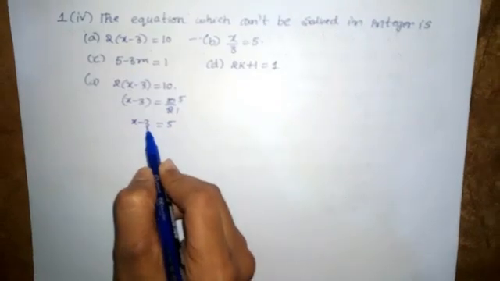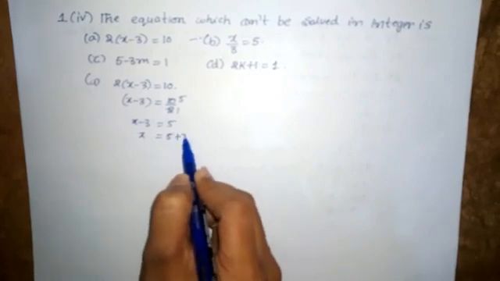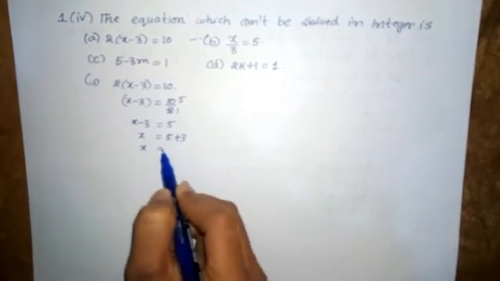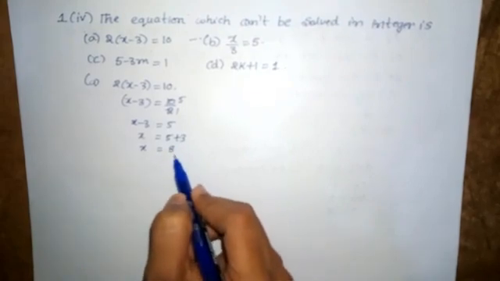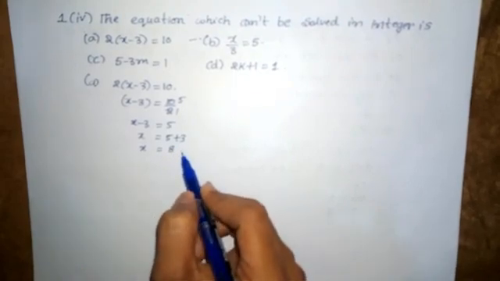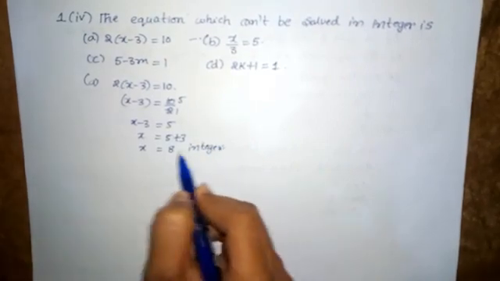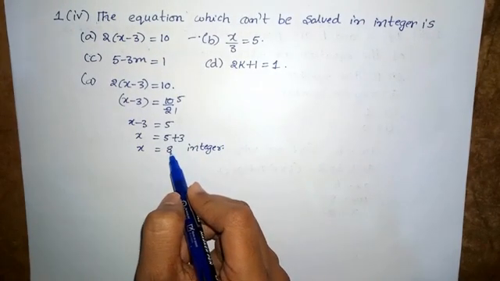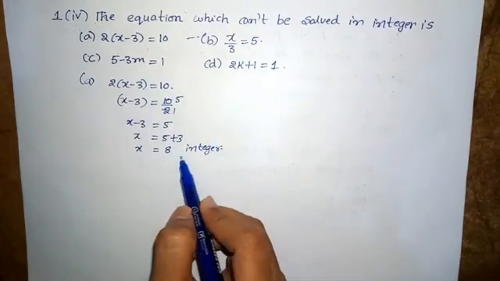Minus 3 also moves to the right side. So x = 5 + 3, which becomes +8. So x = 8, it is an integer. So this option is wrong, because in the problem they are asking for not an integer, but x = 8 is an integer.